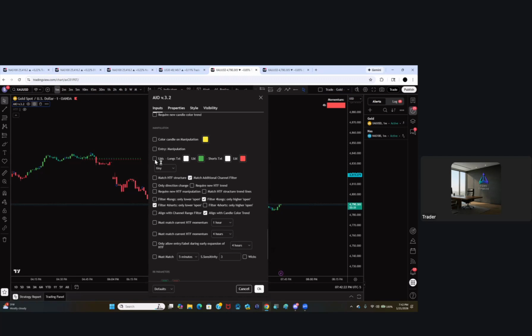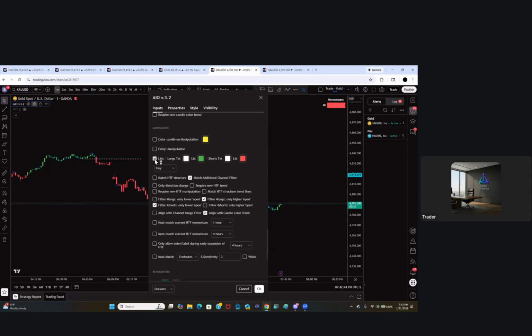That's why I don't have them defaulted to on, because I don't want people thinking that from that specific candle that created the manipulation line you've got to get into your trade, because sometimes that's not the right candle to get in on. You want to wait for the candle that closes away from the manipulation lines and then you get in.